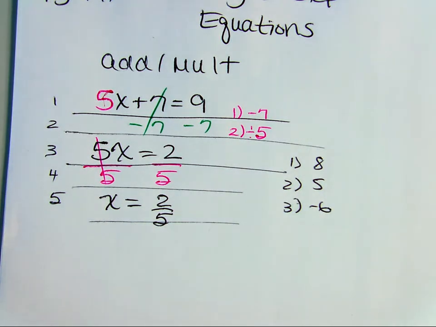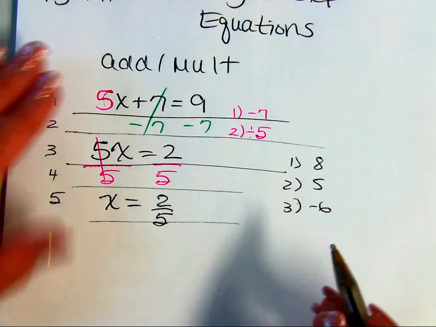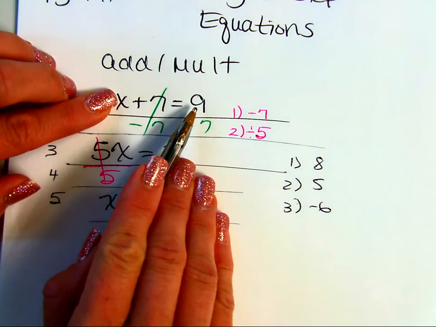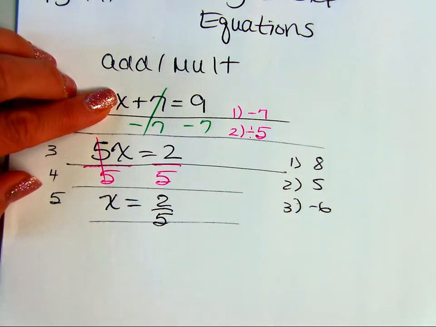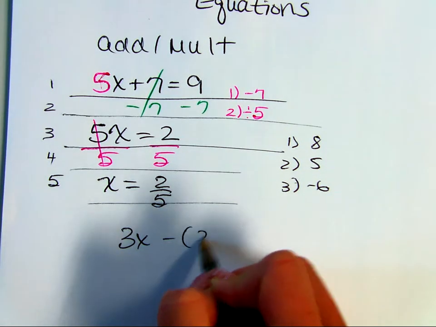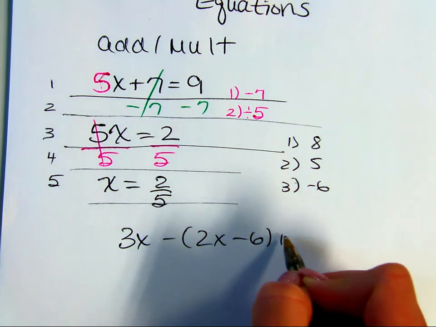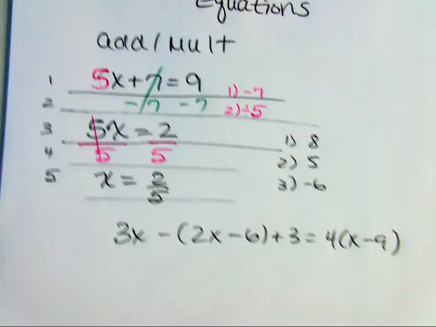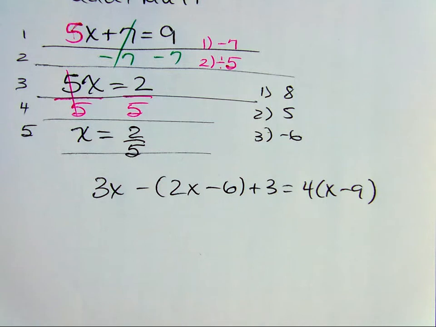And the reason for that is this, not just because I want you to do more, okay? When you look at an equation like this, what number plus 7 is 9? I know you can do that in your head. I would be concerned if you couldn't. But when you get to equations like 3x minus 2x minus 6 plus 3 is equal to 4 times x minus 9, okay, do that one in your head.